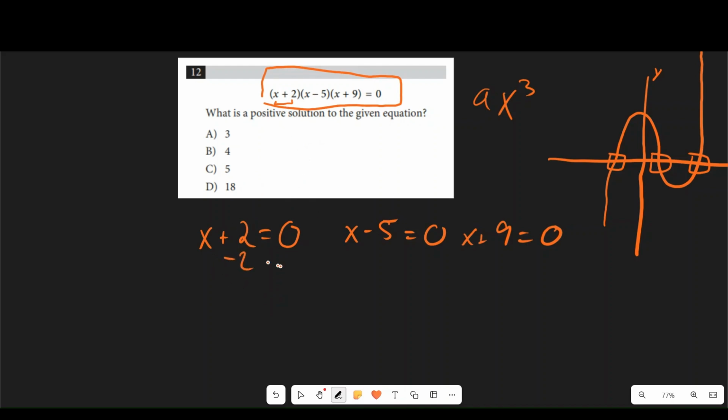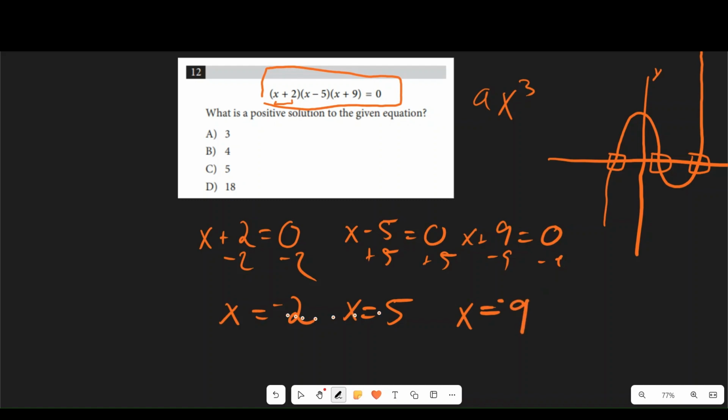So over here we will do minus 2, x is equal to minus 2. Then in this one, we just would do plus 5 on both sides. So this one would be x is equal to 5. And then the third solution would be minus 9 on both sides. So then x is going to equal minus 9, right?